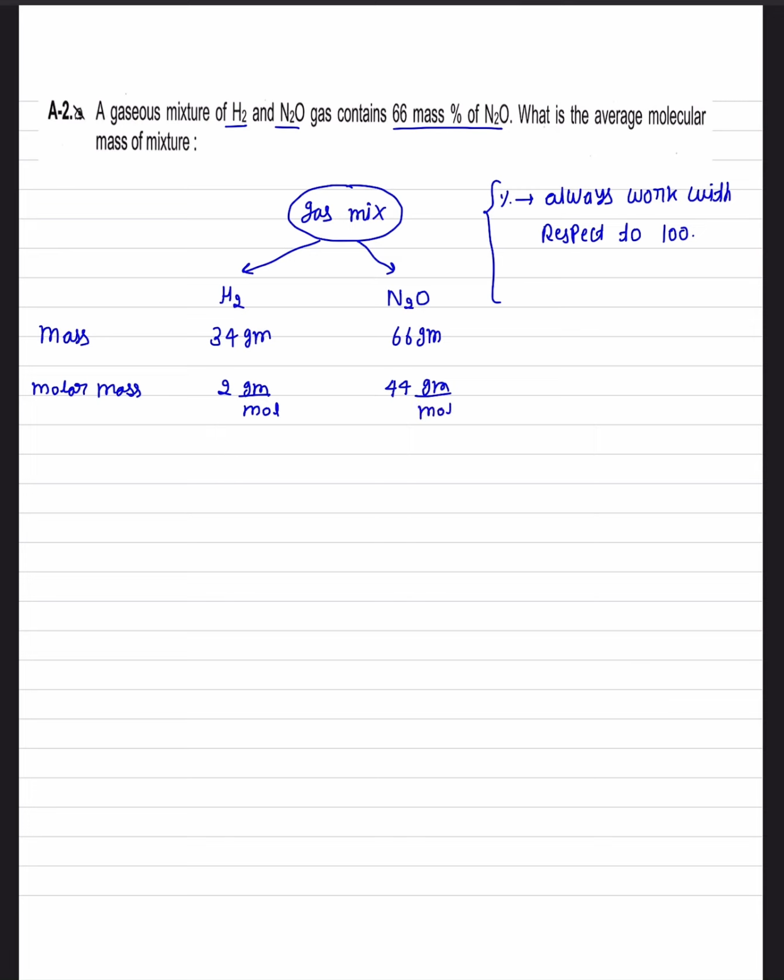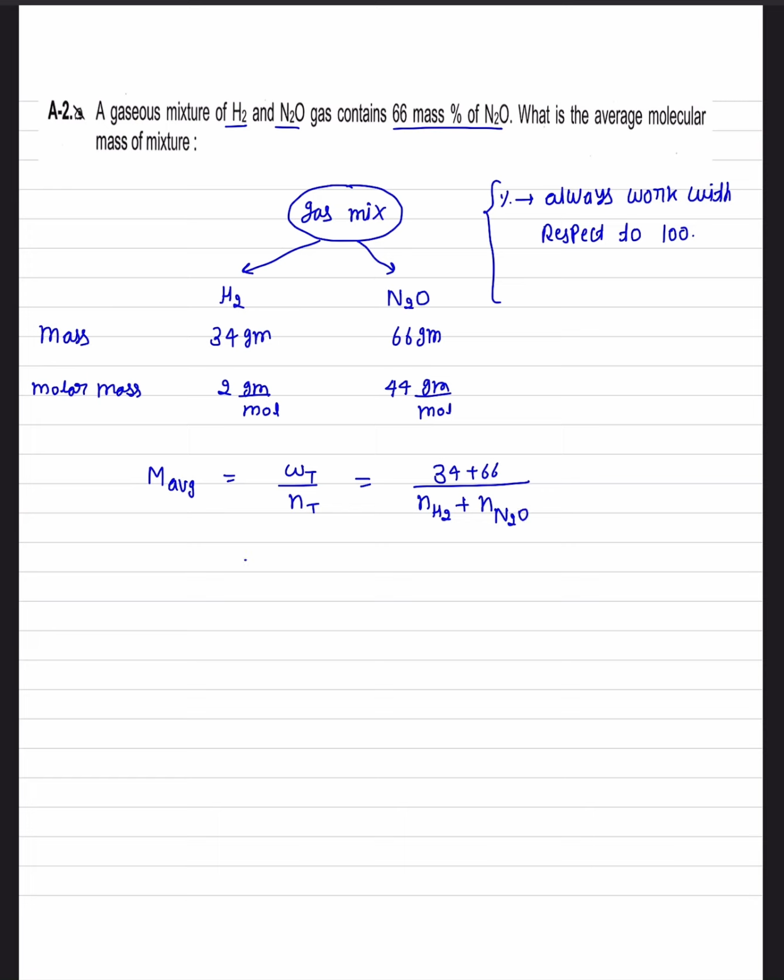Yes, they are asking here M average. For M average, if weight is given, then the formula is total weight by total moles. Total weight is 34 plus 66. Obviously we are working with respect to 100, so it will be 100. Moles: moles of hydrogen gas plus moles of N2O.